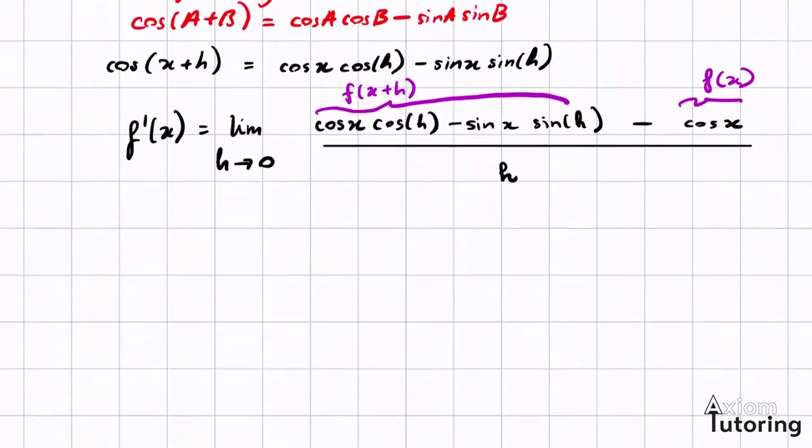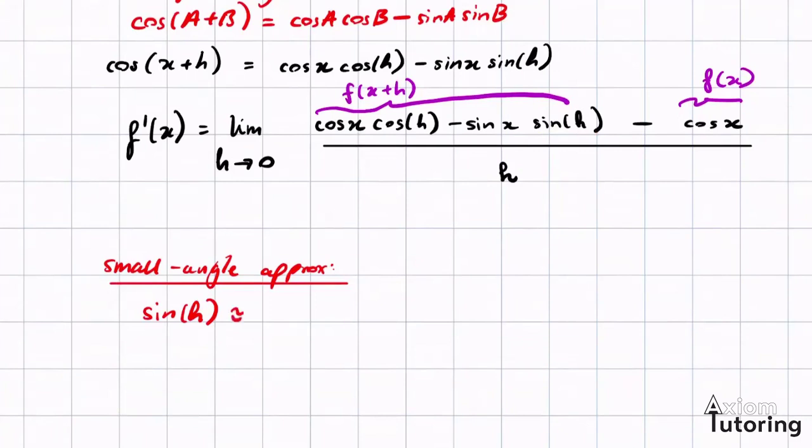Now, from the previous video, recall our small angle approximations. So for sine of h, which we have right here, sine of h for very small angles of h approximates to h.